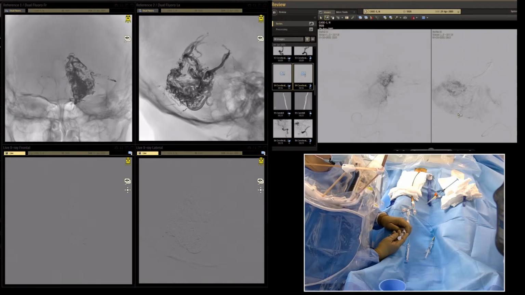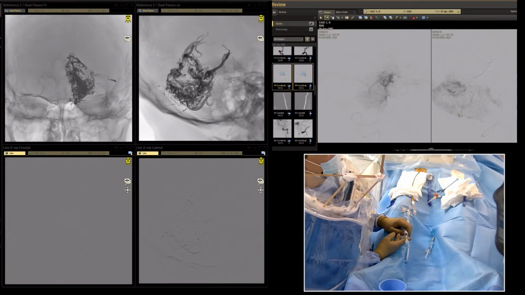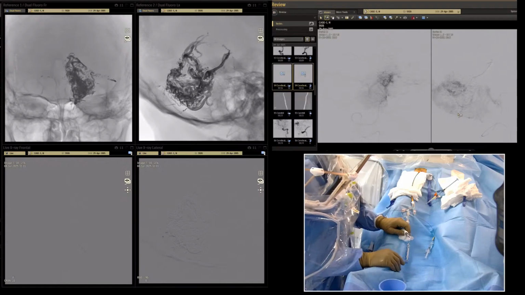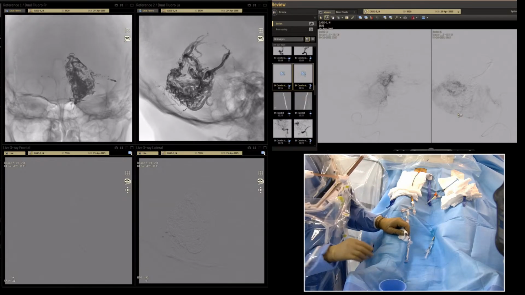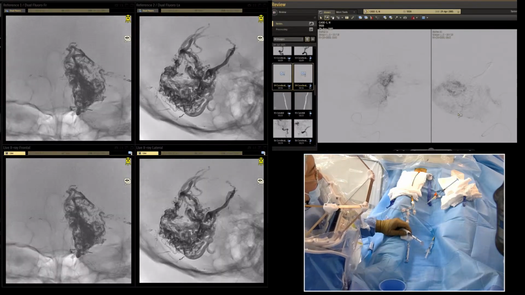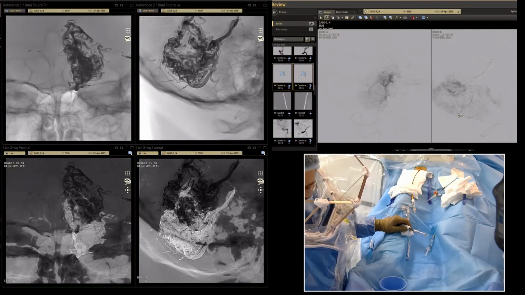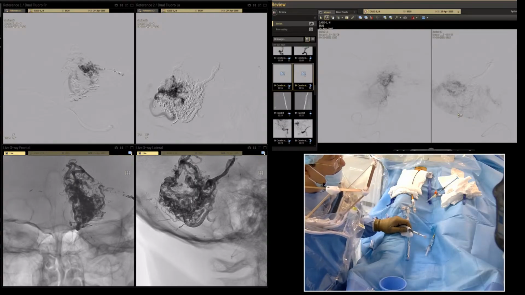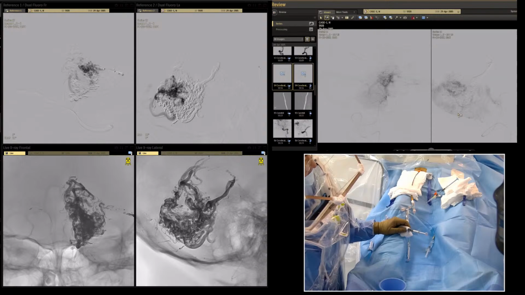There is some reflux, and I think we reached the marker. Yes, both markers are reached. Let's wait. Yes, both markers are inside the liquid embolic.